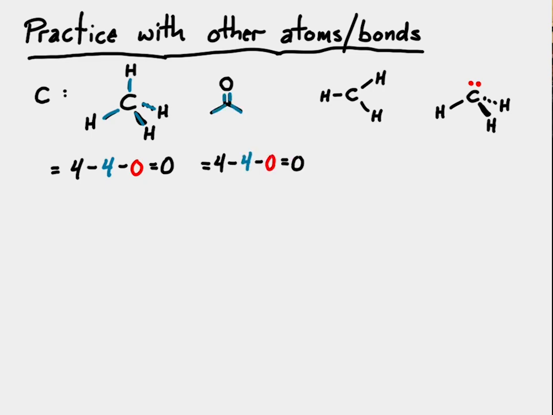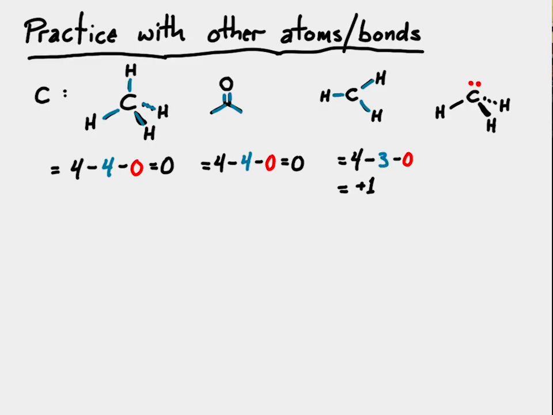In this case, we have a carbonyl, and how do we deal with the double bond? Well, the double bond is another pair of shared electrons between the atoms. So there are 1, 2, 3, 4 bonds to this carbon. And again, there are 0 lone pairs of electrons on that carbon atom, and therefore the formal charge is 0, so we don't draw anything on there.